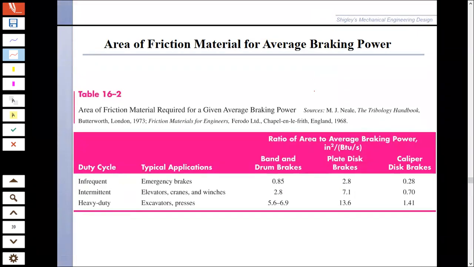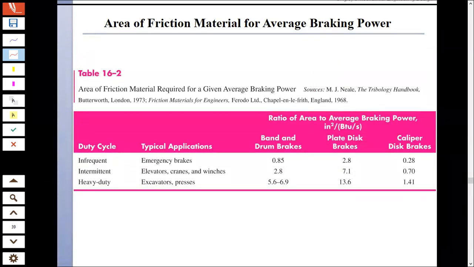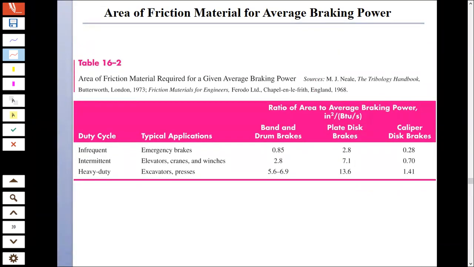Now, these are some tables that give you the area of the friction material for average braking power. This table shows the area of frictional material for a given average braking power, by duty cycle: whether it is frequent, infrequent, intermittent, or heavy duty. Typical applications for infrequent are emergency brakes.